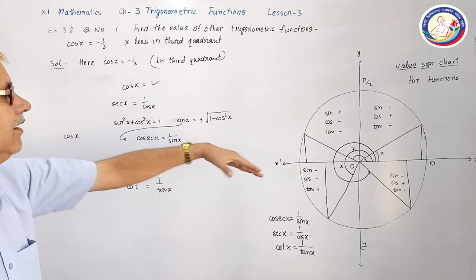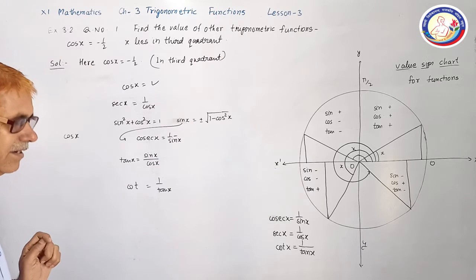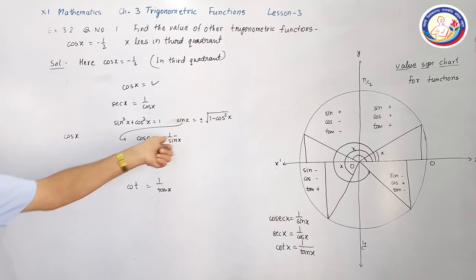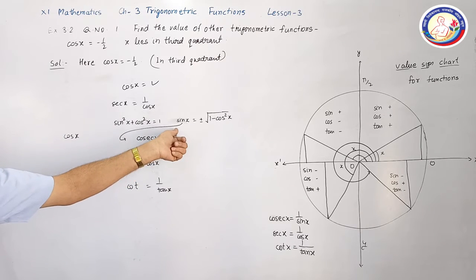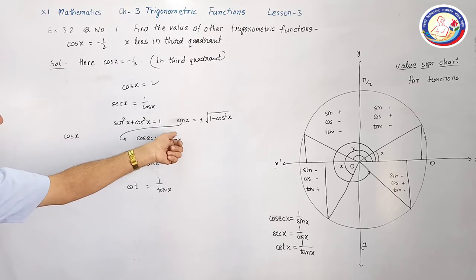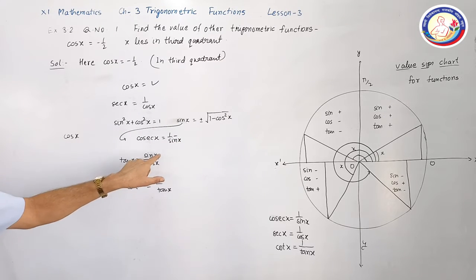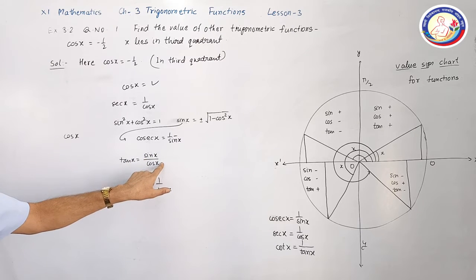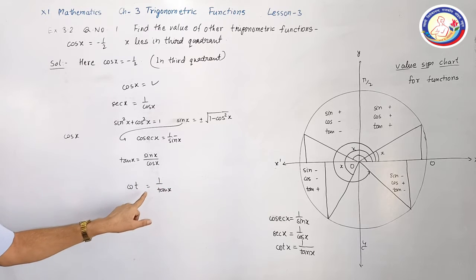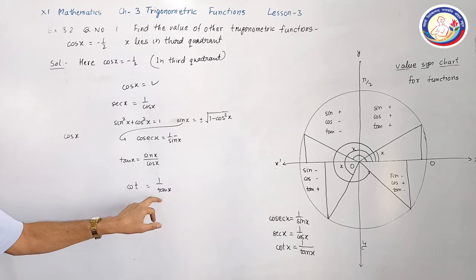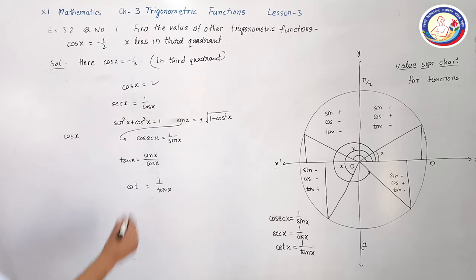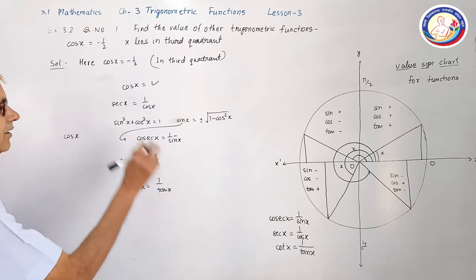We will choose in which quadrant the angle x lies. Then cosec with the help of sin x by dividing 1 by it. Then tangent using the formula sin x upon cos x. And then cot x is the reverse ratio of tangent, so we will find the value of cot x by using 1 upon tangent x.